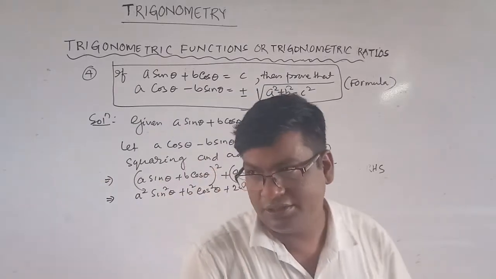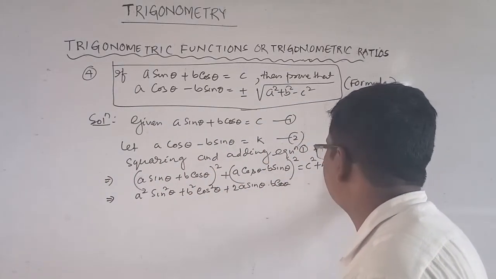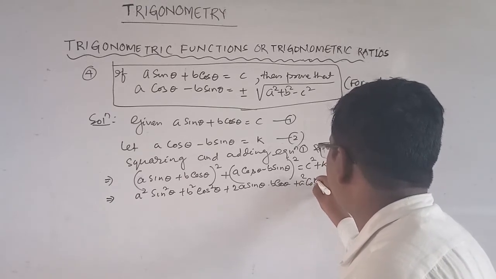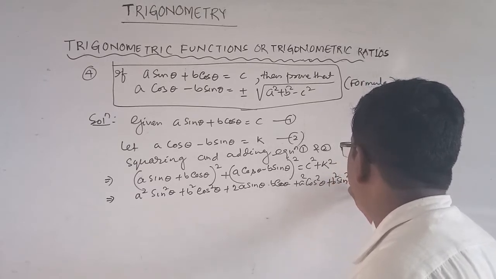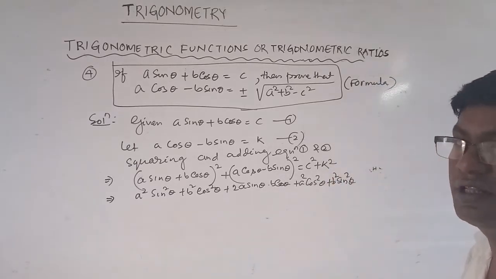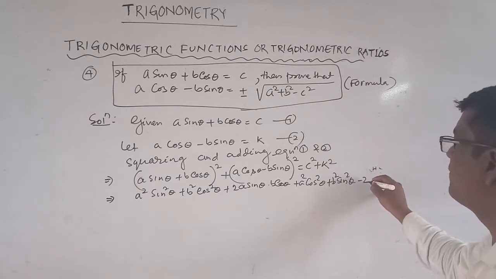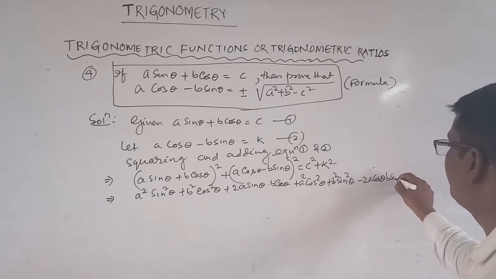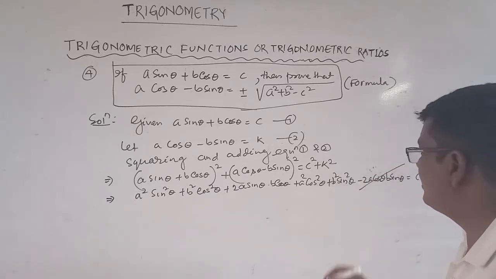Again squaring this, it is equal to plus a square cos square theta plus b square sin square theta minus 2a cos theta into b sin theta, equal to c square plus k square. So this cancels.